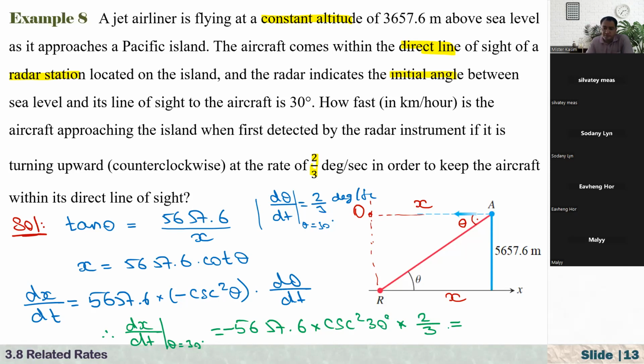Cosecant is 1 over sine, and sine of 30 is 1/2, so cosecant is 2, squared is 4. So it's equal to minus 15,086 per second.